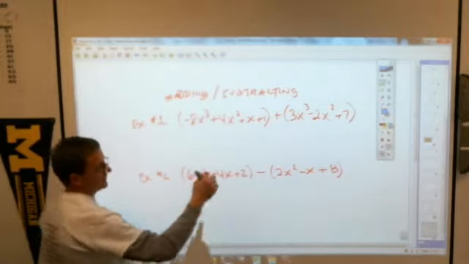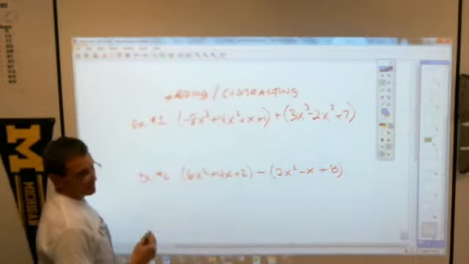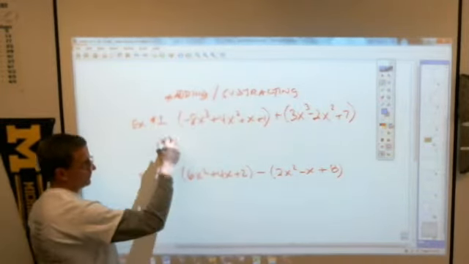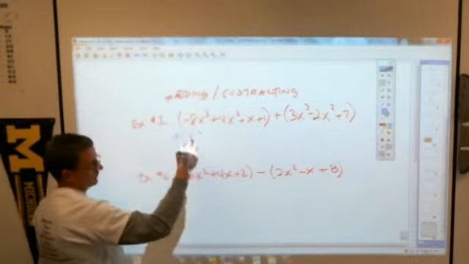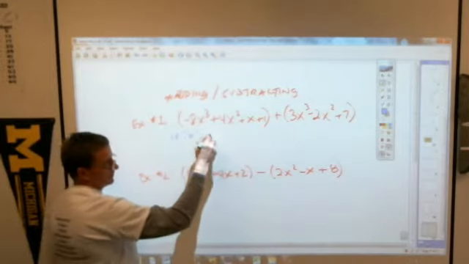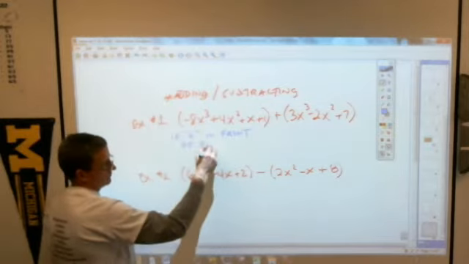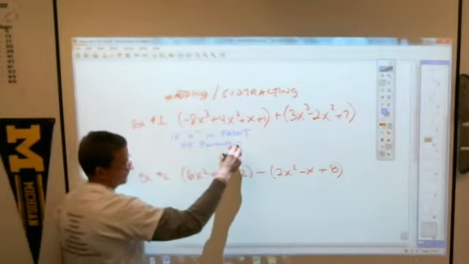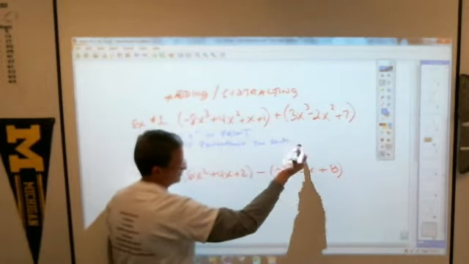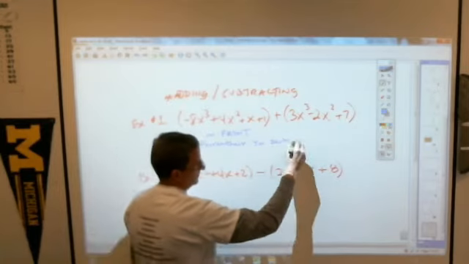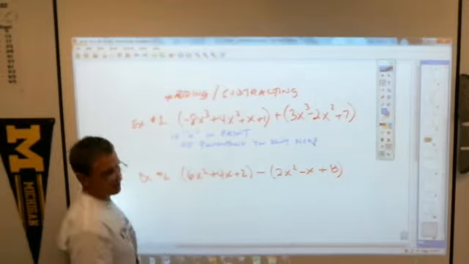Here's what you have to keep in mind with this. If there is a plus sign in front of a parenthesis, you don't need the parenthesis. They're irrelevant. In other words, you could take these parentheses away and just add like terms.